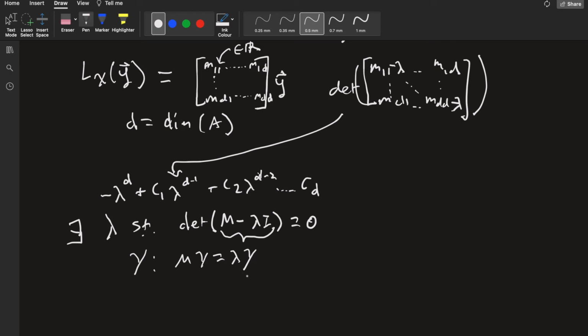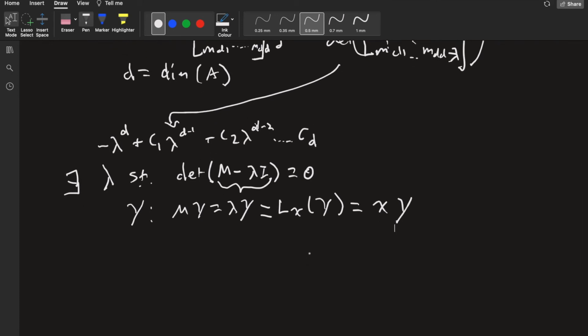In other words, gamma is an eigenvector for the matrix M, therefore an eigenvector for the map Lx. Right? We have that M gamma equals Lx of gamma equals x gamma. We have this relationship now.